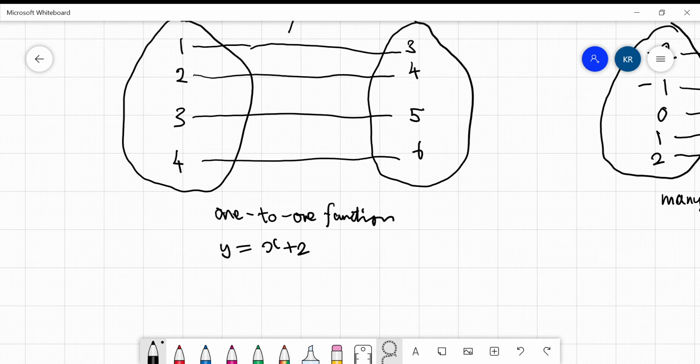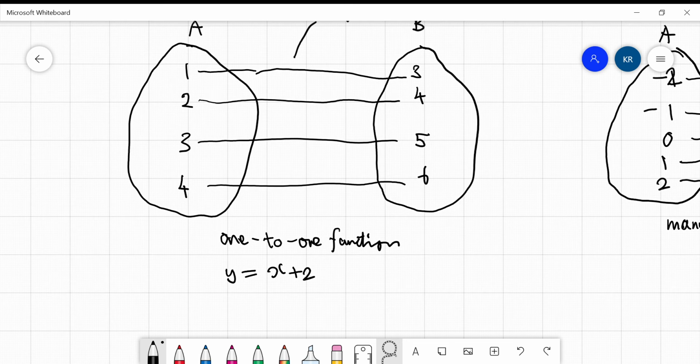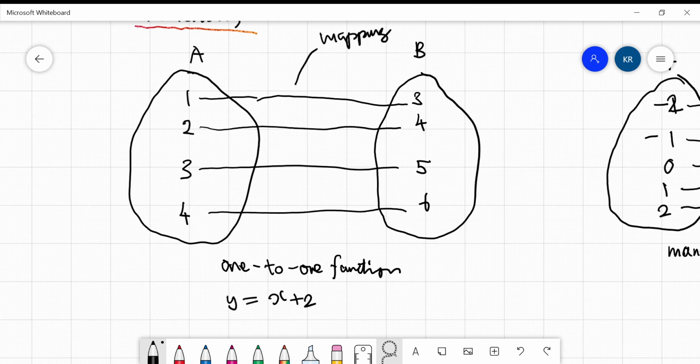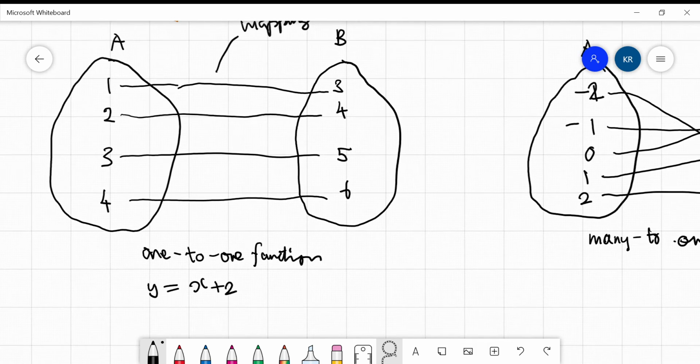You can substitute elements of A into X and it will give you an output Y, which is elements of B. Suppose you substitute 1 into Y equals X plus 2, you get Y equals 1 plus 2, which is 3. And that is how 1 maps into 3 in B. Similarly, if you put X equals 2, you would then get Y equals 2 plus 2 is equal to 4, and 2 maps into 4. So therefore, this is an example of a one-to-one function.